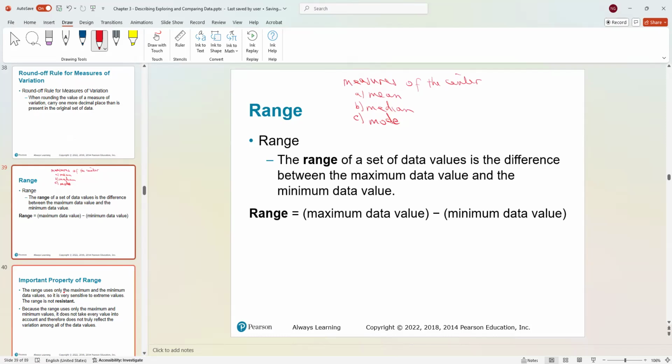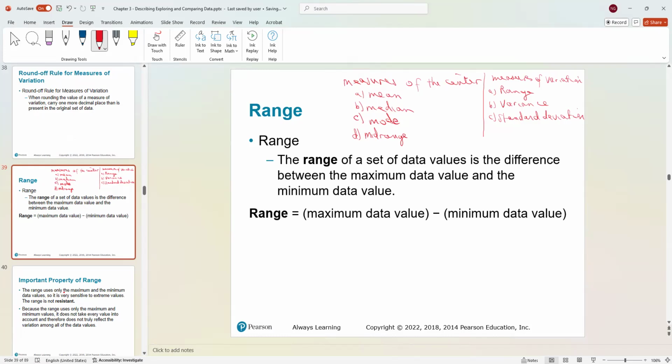So the measures of variation are: A, range; B, variance; C, standard deviation. If we ask you to find the measures of the center, eventually you can also add the mid-range, even though we don't use it very often. So mid-range is a measure of the center, but range in itself is a measure of variation.